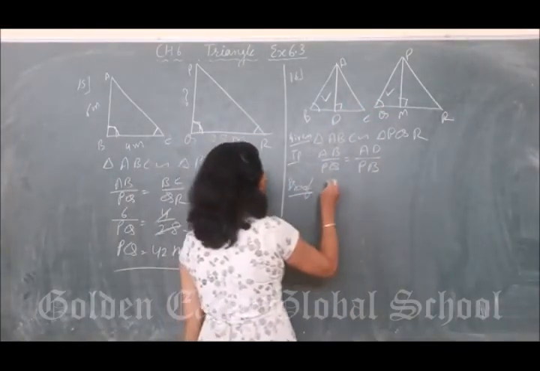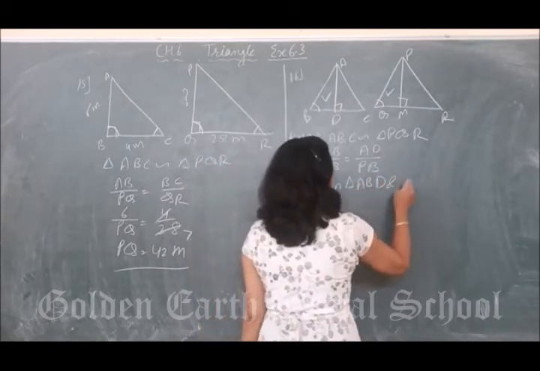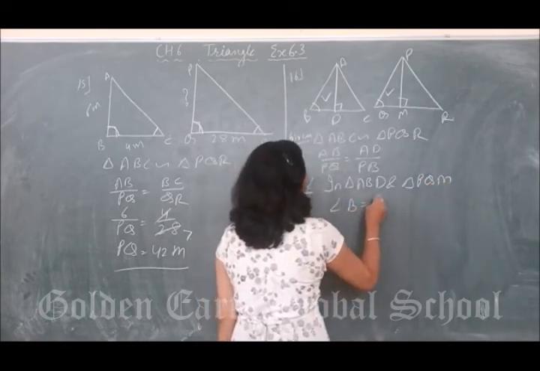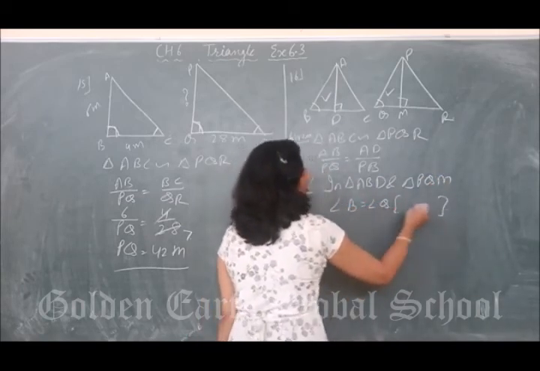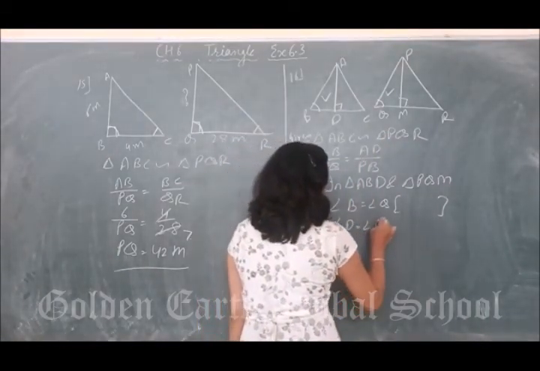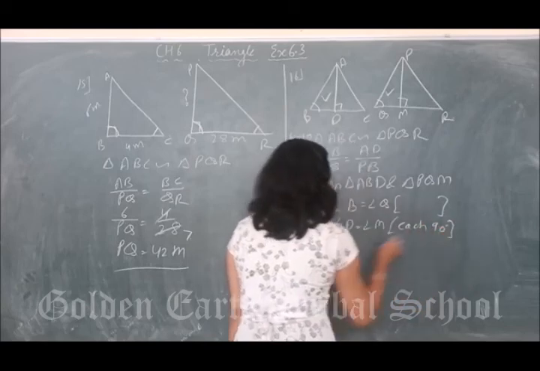Now consider this smaller triangle. In triangle ABD and triangle PQM, we can see angle B is equal to angle Q. Give the reason, triangles are similar. Angle D is equal to angle M, each 90 degrees. So triangles are similar.